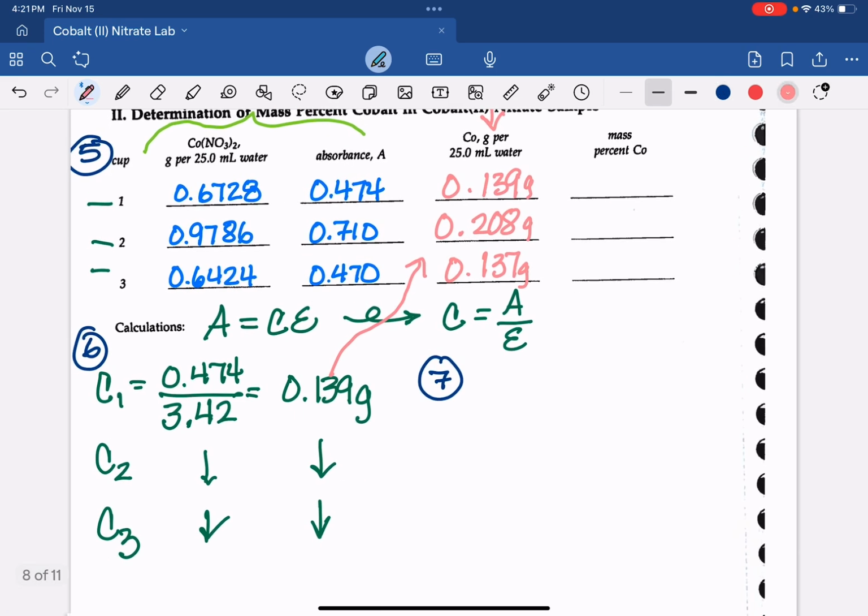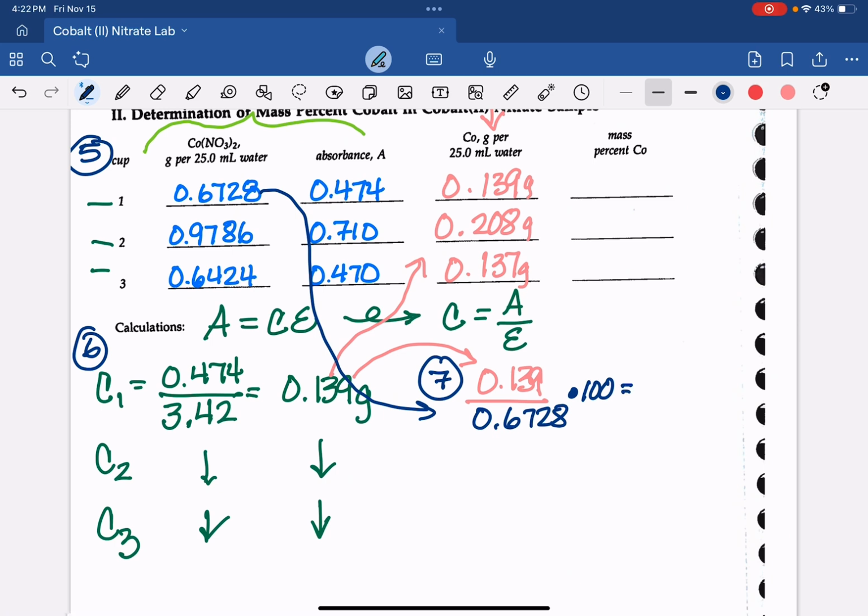Okay, so I have for cup number 1, 0.139. Okay, so from here, I'm taking that value. I'm going to divide it by the mass total. Okay, so that's my 0.6728 because remember, you're doing a mass percent. We're going to divide those and multiply by 100. Okay, so for my first one, taking it to 3 sig figs, I got 20.7%.